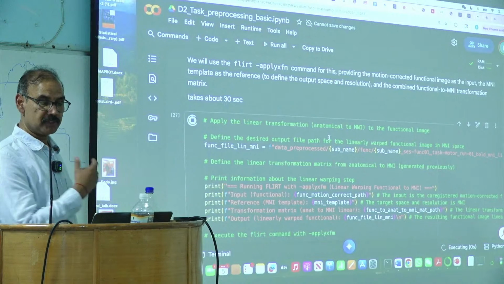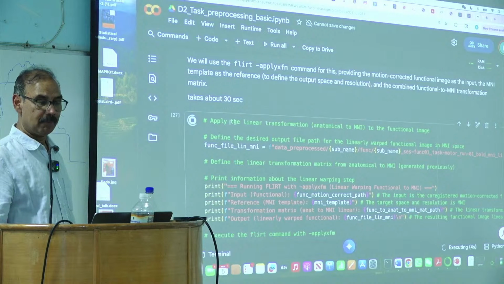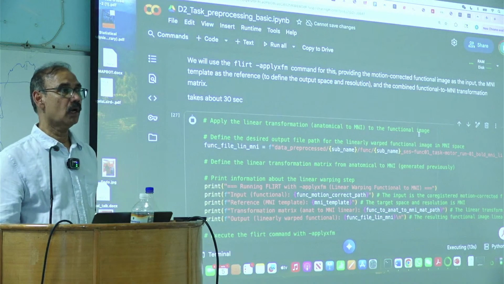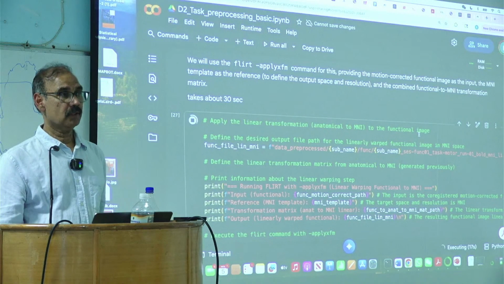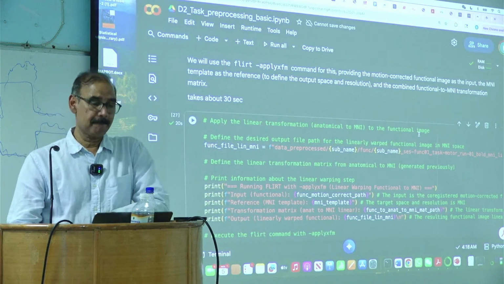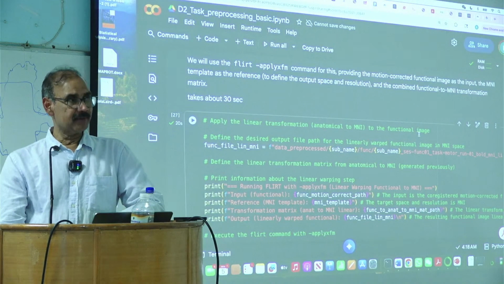So we are using the same transformation to MNI, right? Apply the linear transformation anatomical to MNI to functional.